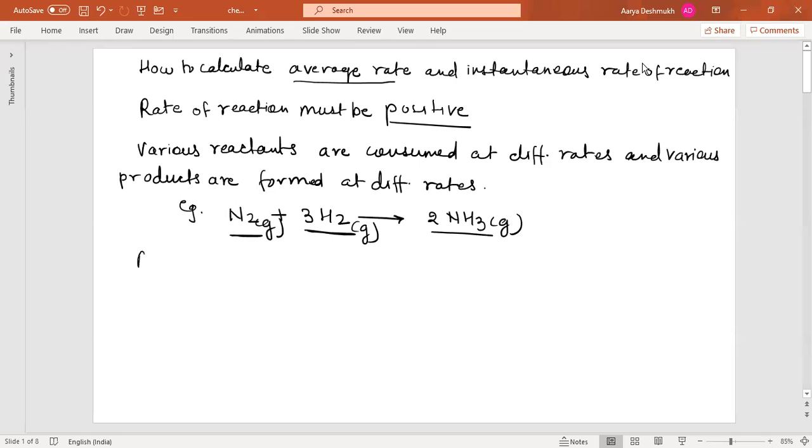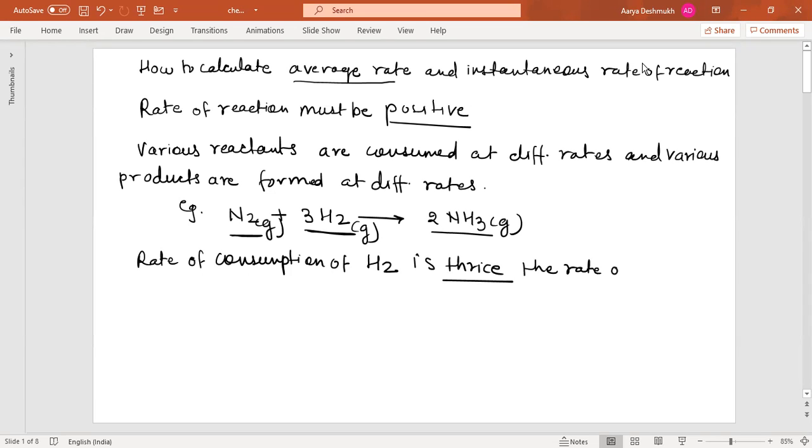So the rate of consumption of H2 is thrice, 3 times the rate of consumption of N2. Isn't it? It is very clear from the reaction.